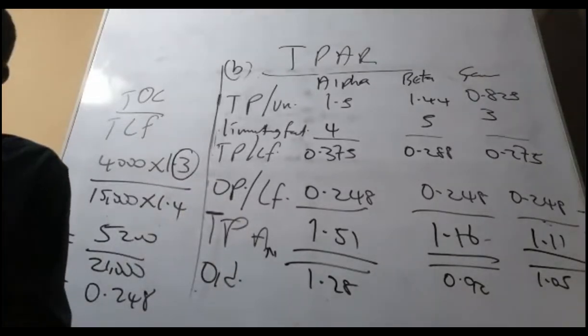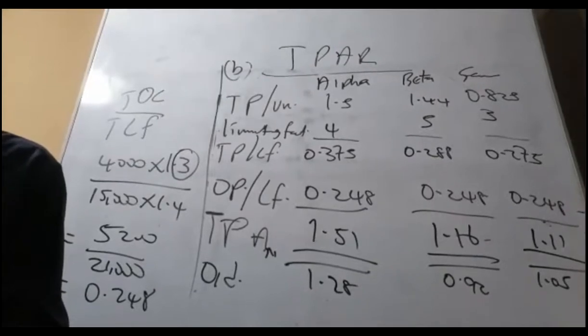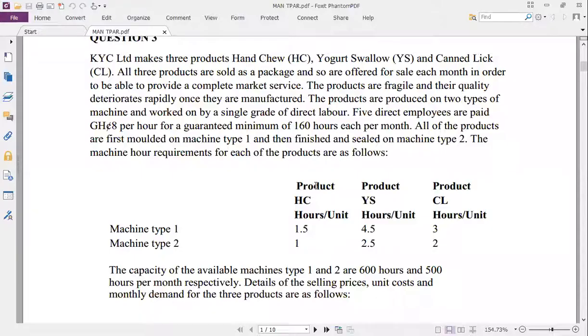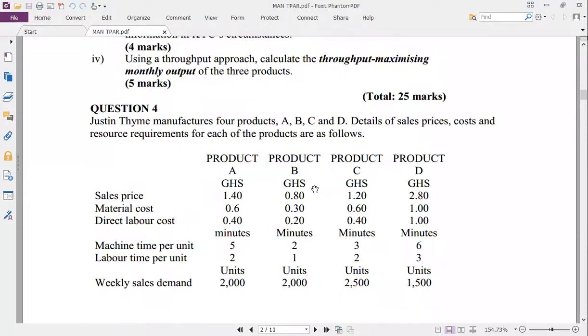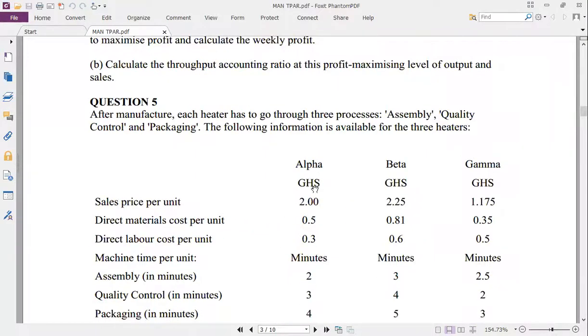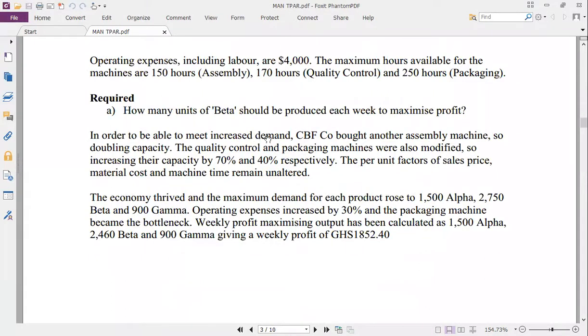So then what's the cause? It was mentioned in the question. Number one is the acquisition of the assemble machine, doubling the capacity of the assemble time. Two, the quality control and the packaging machine were also modified by increasing the capacity.